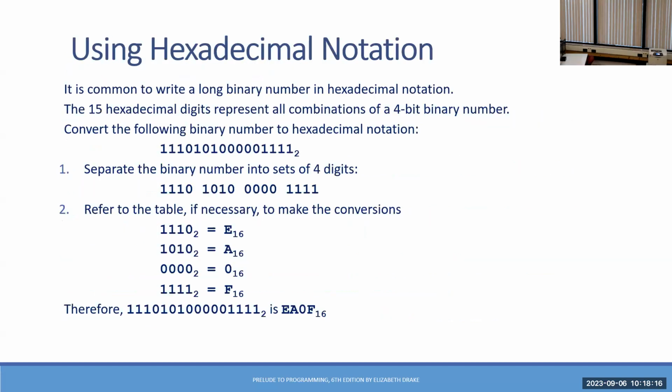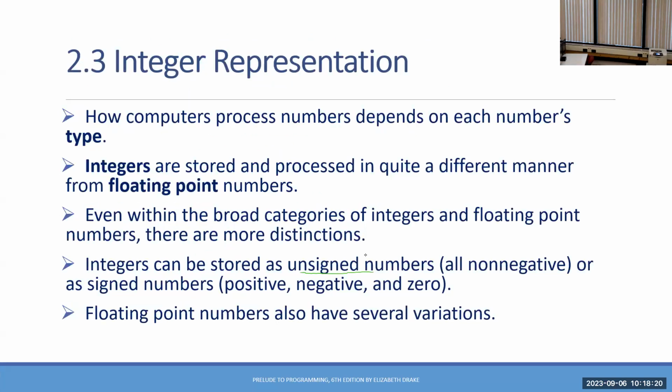You can have 0, 1, 2, 3, and so on. Or you can have a signed number also. You can have -5 or -7 here. Also for floating point numbers, you have several variations. I will explain it later in my class.